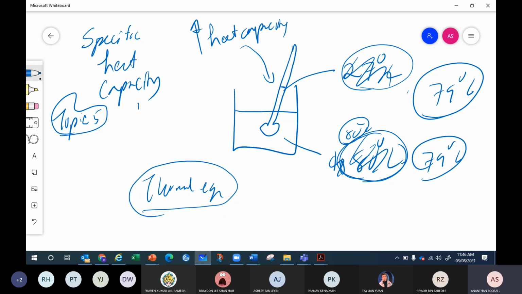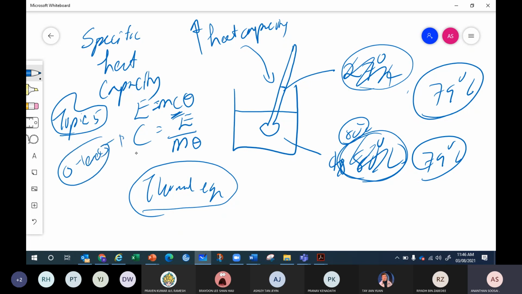Specific heat capacity: E equals mc theta, your heat energy formula. So c is your specific heat capacity, right? Specific heat capacity is the amount of energy required to raise the temperature of 1 kilogram of substance by 1 degree Celsius, right? Your O levels. I believe you learned this.